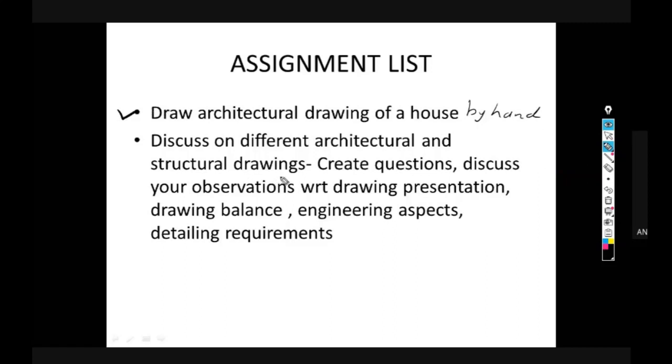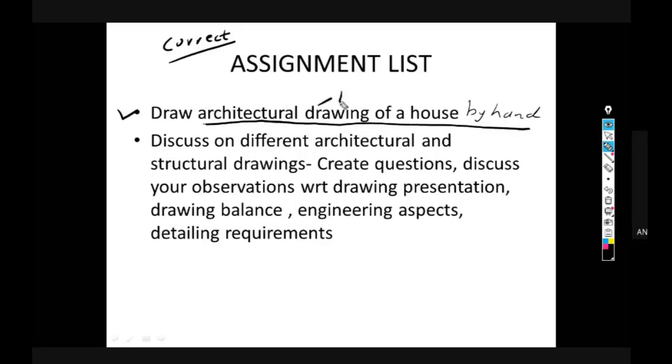My intention is not to get the correct or exact drawing. This is not an exam. We are not giving you any marks, but the procedure, the journey you will pass through while doing these drawings, you will learn a lot of things.